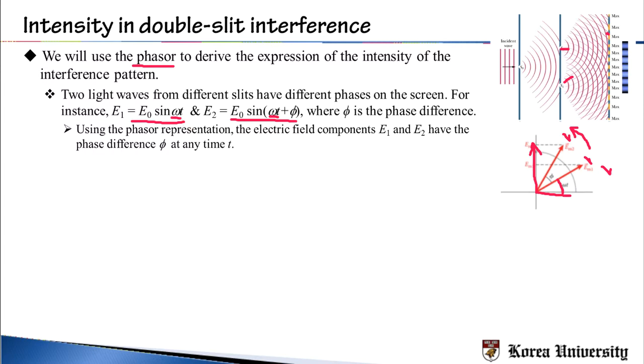So this omega t actually doesn't matter, but what is important is this phi, which is the phase difference between these two waves. Okay, and finally what we want to do is make a summation between these two.